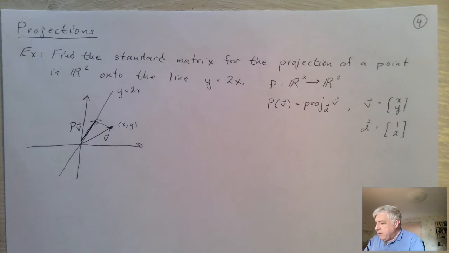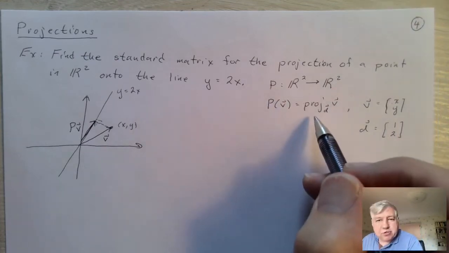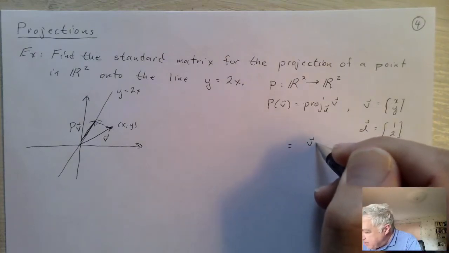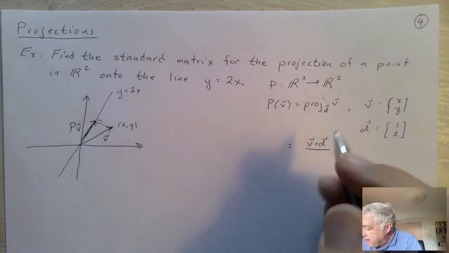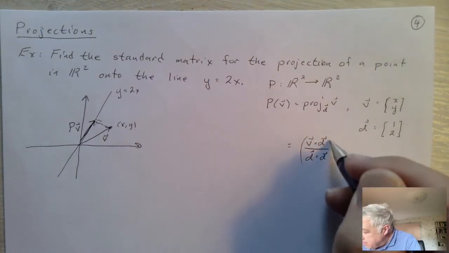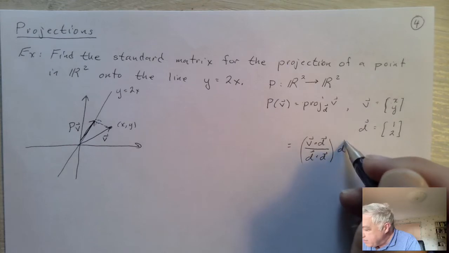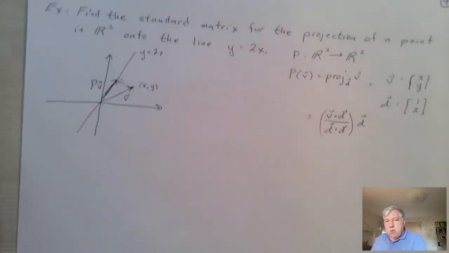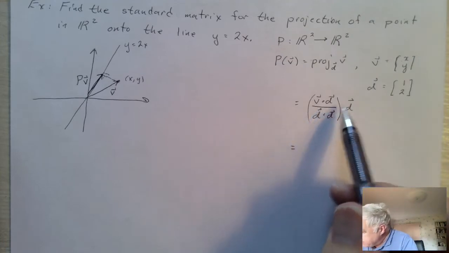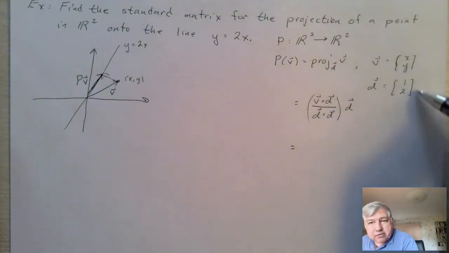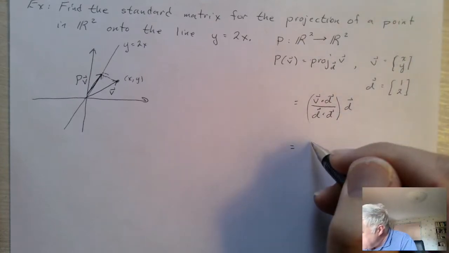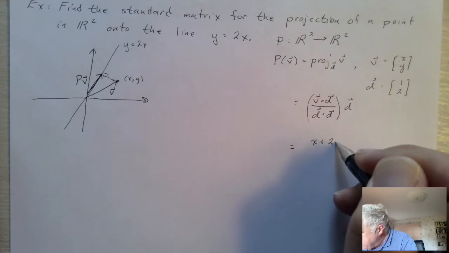Well, the formula for the projection of v onto d, we already know that. That's v dot d divided by d dot d, that number times d. Well, what will that be? If we take the dot product of these two vectors, we have 1x plus 2y, so we can just write this as x plus 2y.